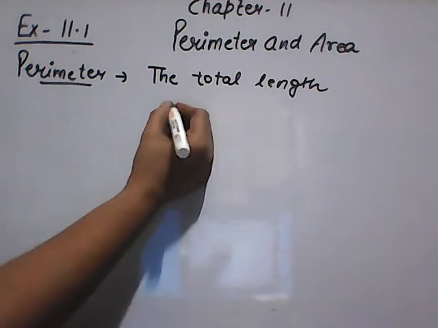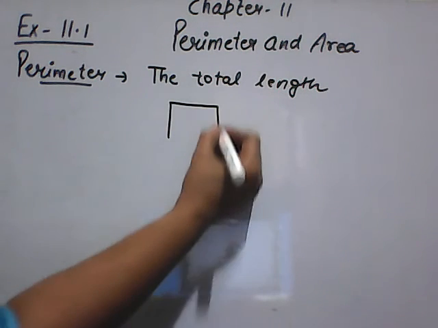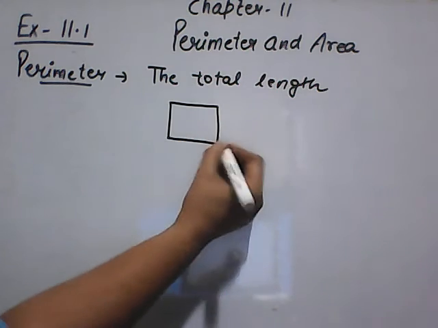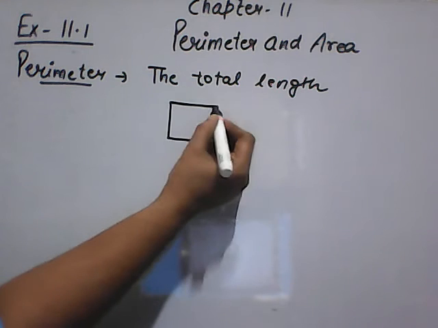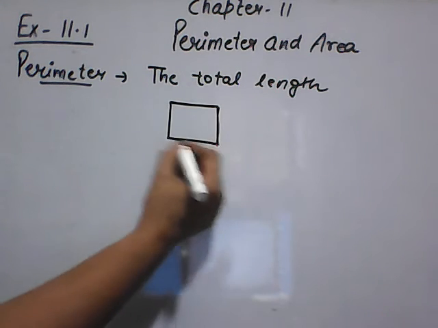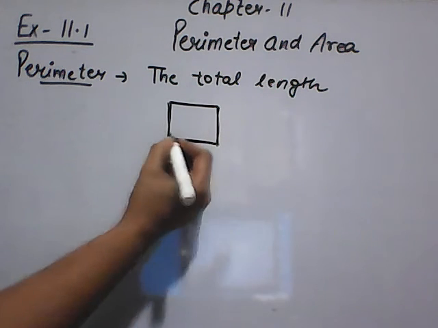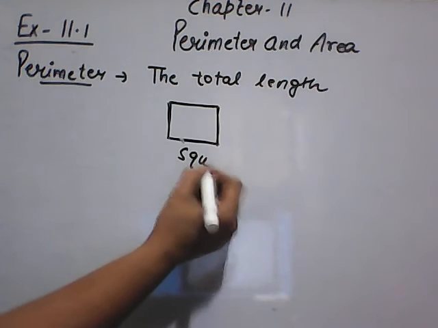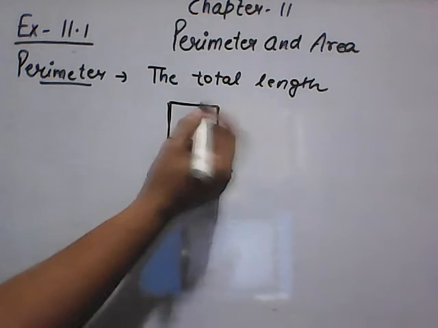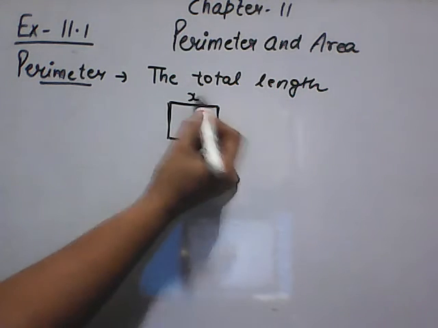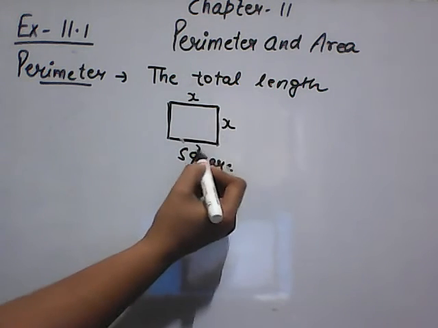For example, suppose it is a square. The total length of all its sides. You have to add up all these sides. We know that in a square, all sides are equal. Suppose its side is x meter. So, each side is x meter.